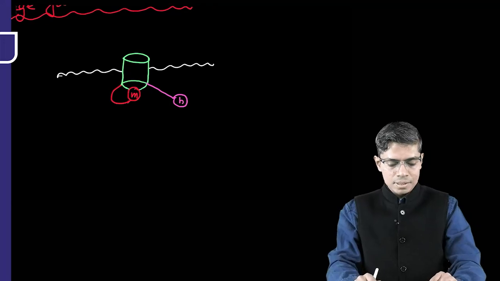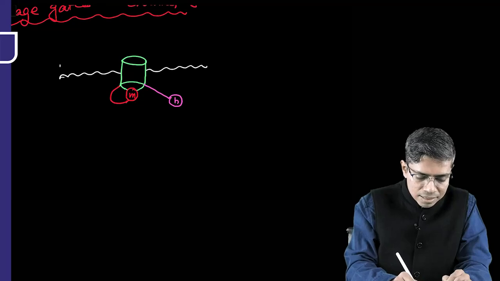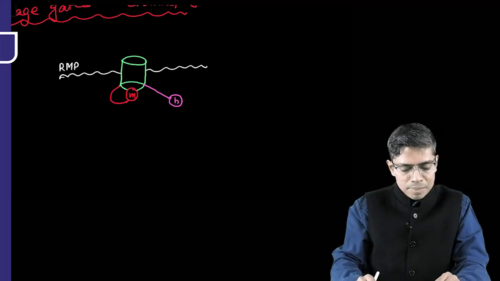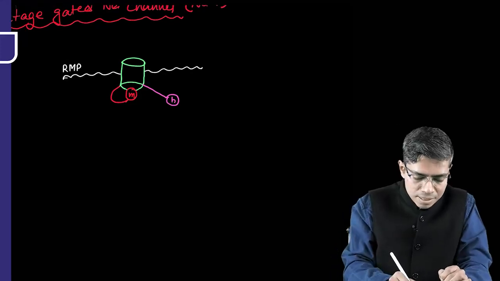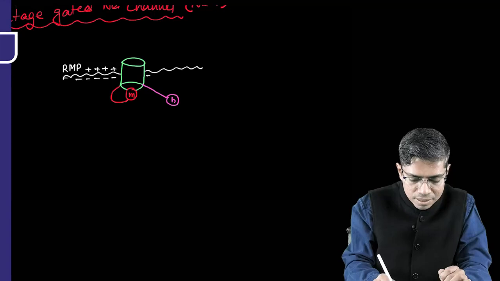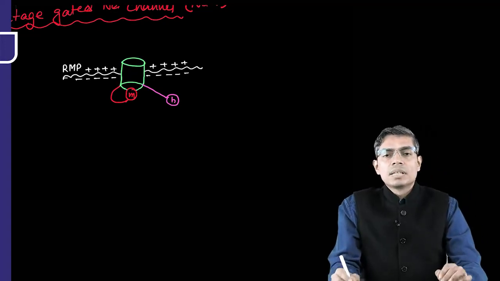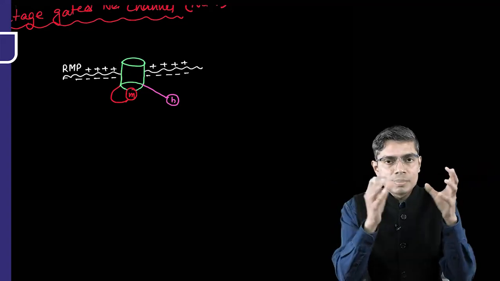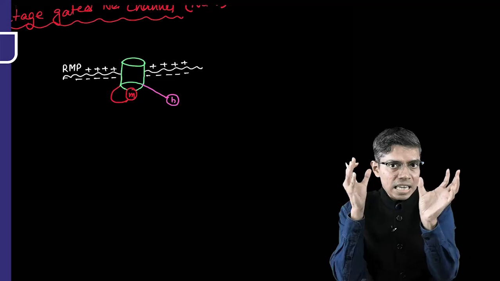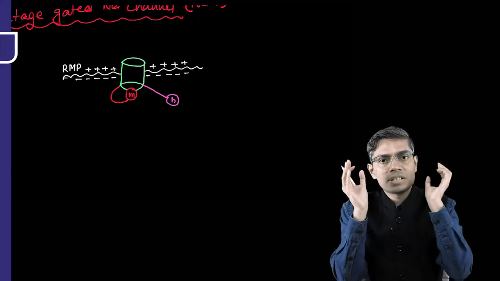H. So when the membrane is at resting membrane voltage, inside is negative and outside is positive. We know this thing. This is the resting stage of the membrane. What will happen? The sodium channel has two gates, but between these two, the M gate is blocking the inner mouth of this channel.